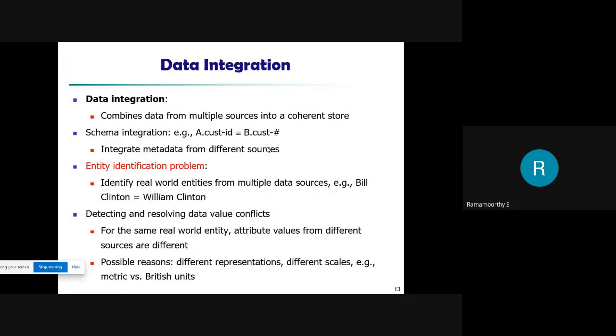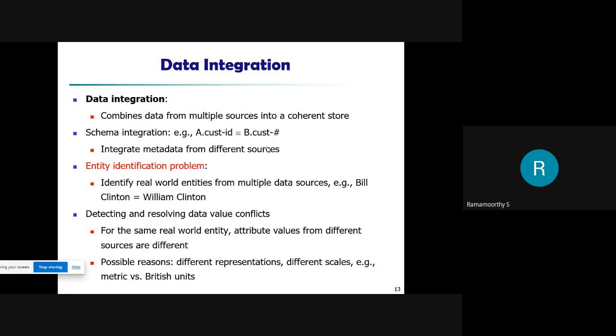Possible reasons for the different representation: sometimes it's text, image, audio, or video files, or a categorical value.